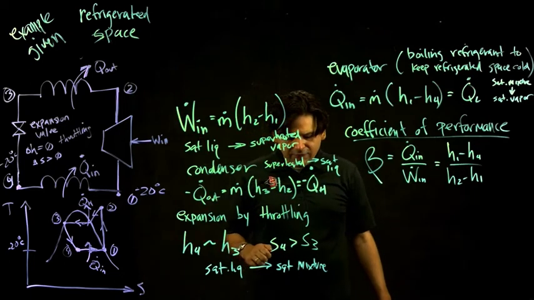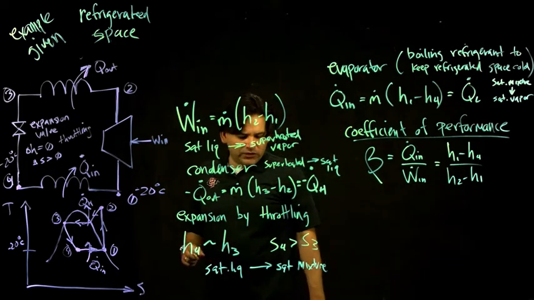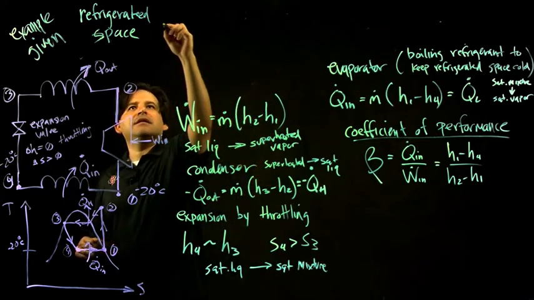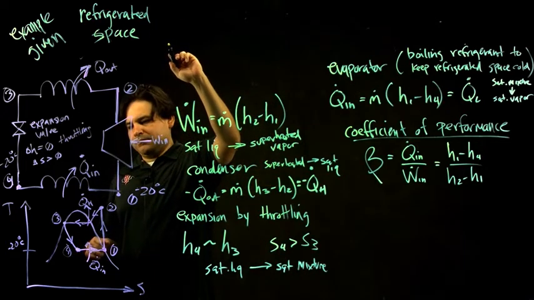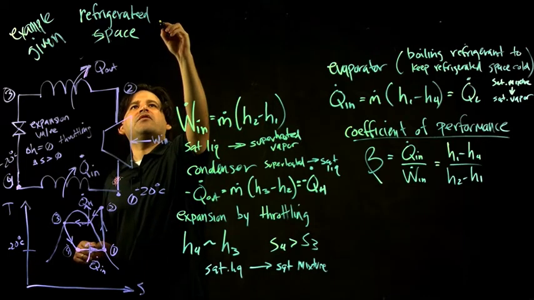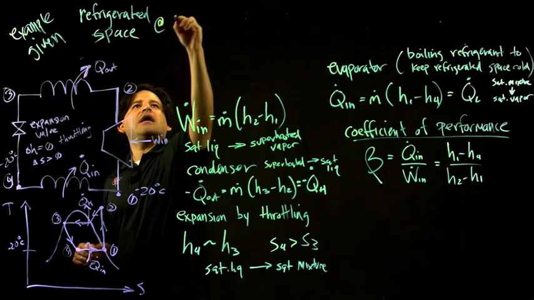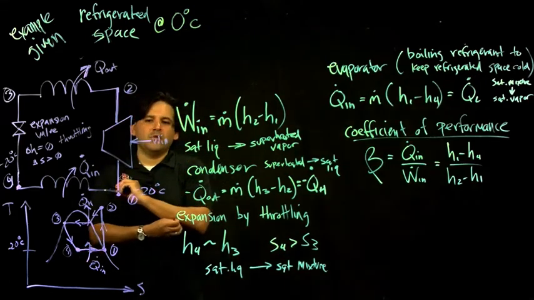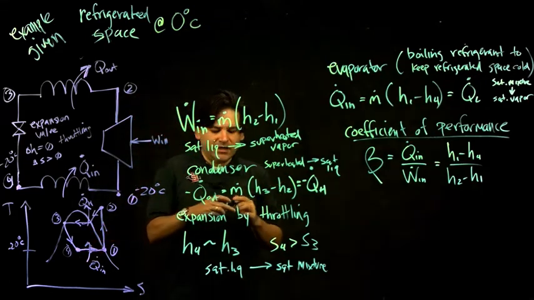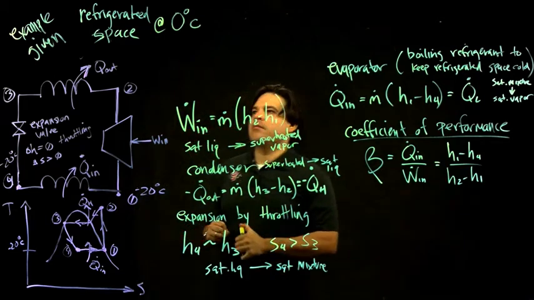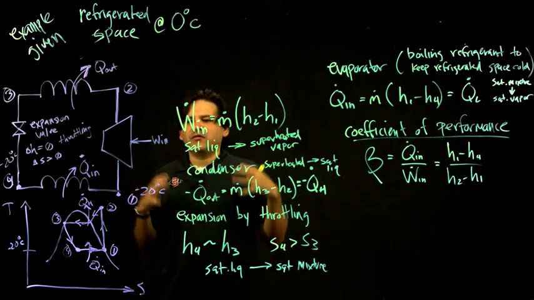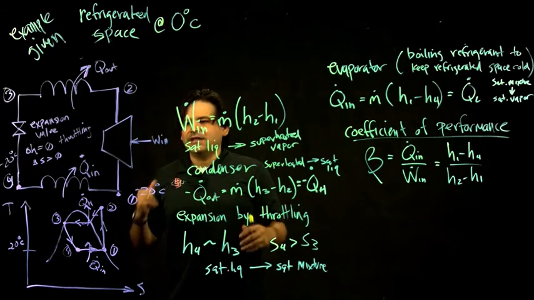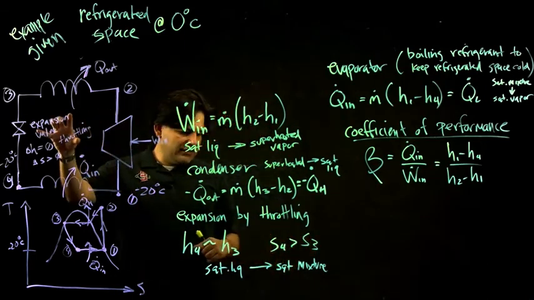Okay, so if we're given that the refrigerated space is 0 degrees Celsius, what one good assumption to make, it's not a perfect assumption, but if you have a freezer you're trying to keep at 0, you can connect that back to the refrigeration cycle.